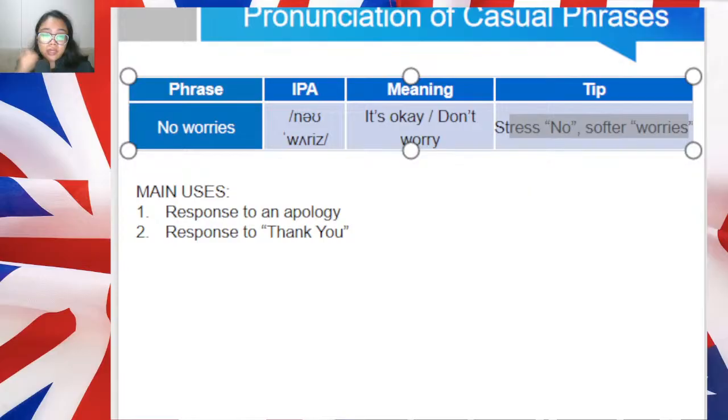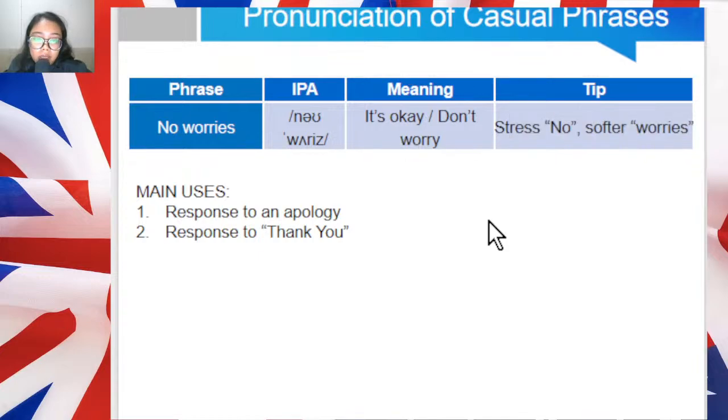So let's try to break down what this means. The word no is emphasized. It sounds a bit longer, which gives the phrase its reassuring quality. It's almost like you're saying, no, really, don't worry.